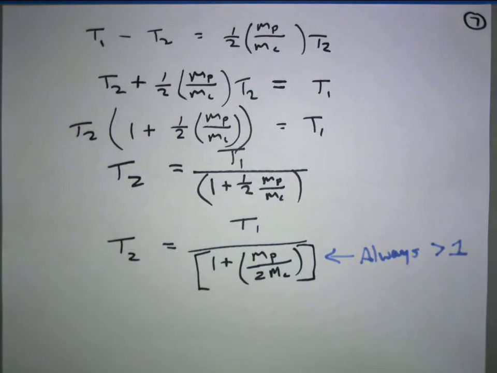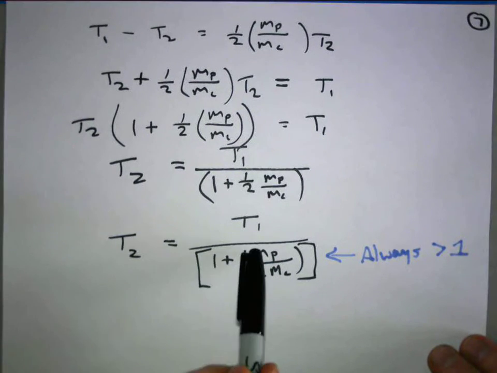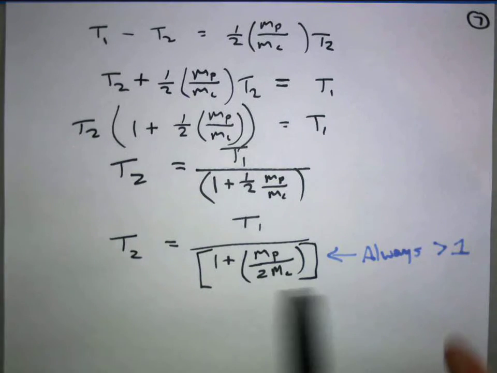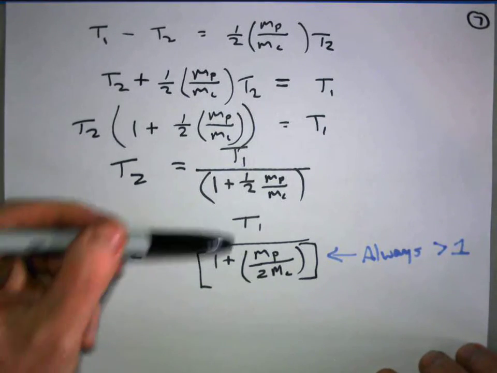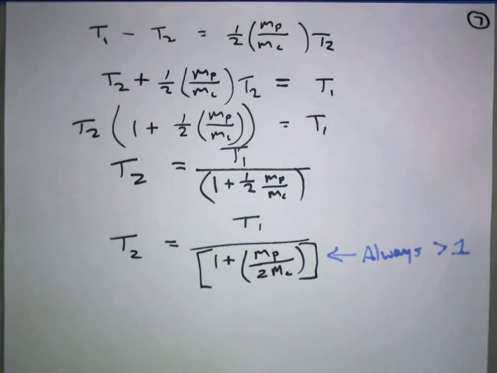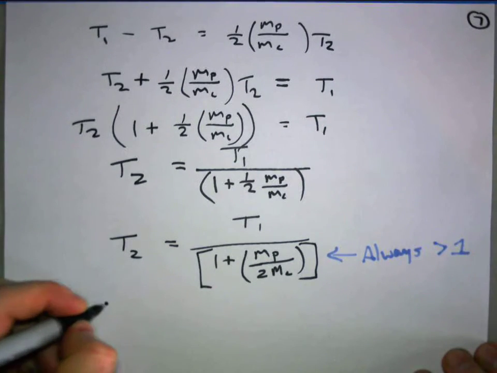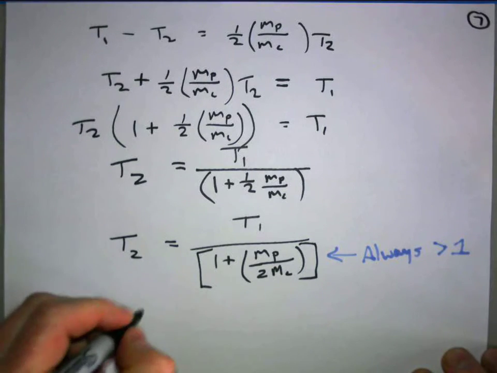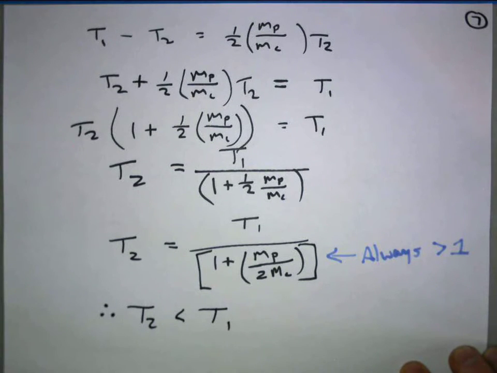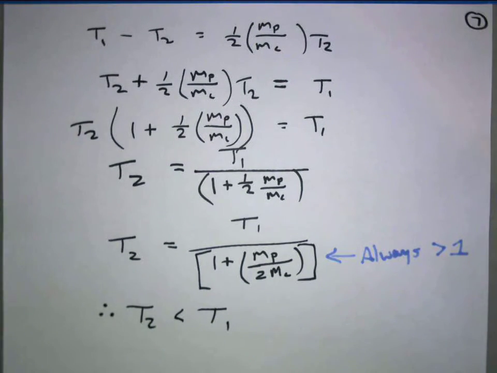If we discount the pulley's mass, so if we treat this as an ideal pulley with no mass, then we're simply dividing by 1. 0 here makes that whole term go away. However, since this is always greater than 1, we're dividing T1 by something greater than 1 to equal T2. So there's a conclusion we can come to: T2 is less than T1. It must be, if the pulley's mass is taken into account.